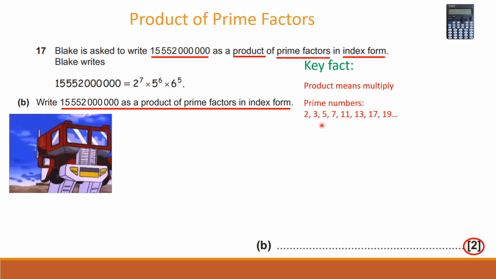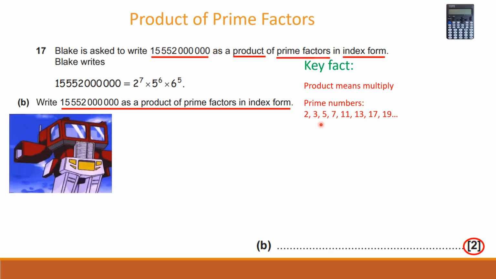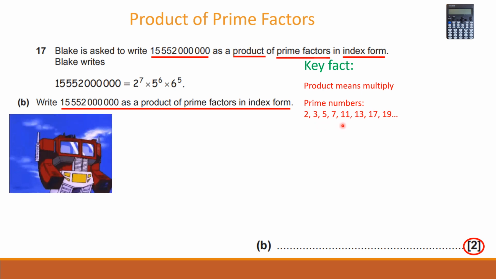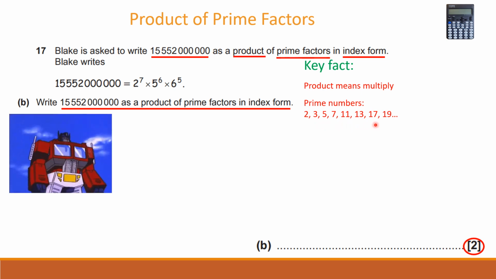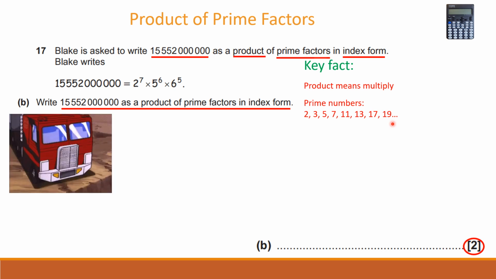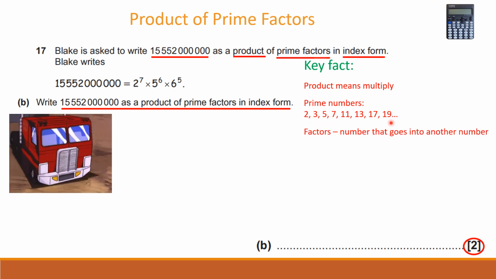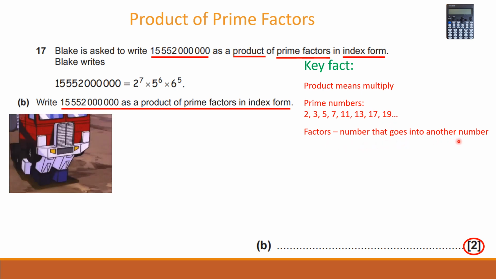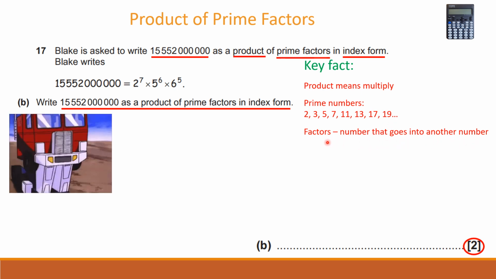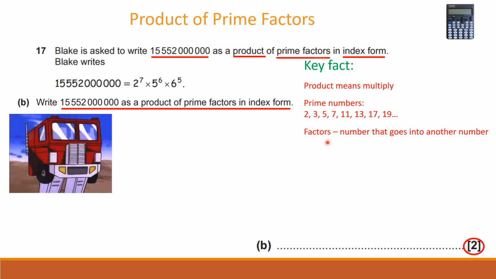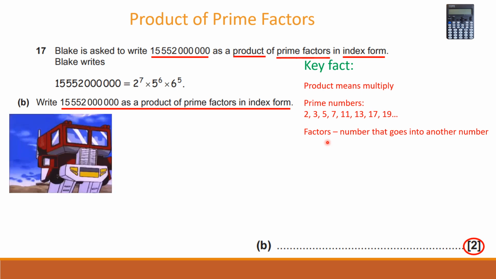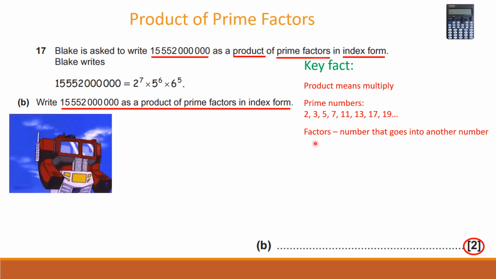So your prime numbers are 2, 3, 5, 7, 11, 13, 17, 19, etc. They can only be divided by 1 and themselves. That's the definition of a prime number. So these are the first few. Factors are a number that goes into another number. So if you think of the number 15, the number 5 goes into the number 15. So 5 is a factor of 15.